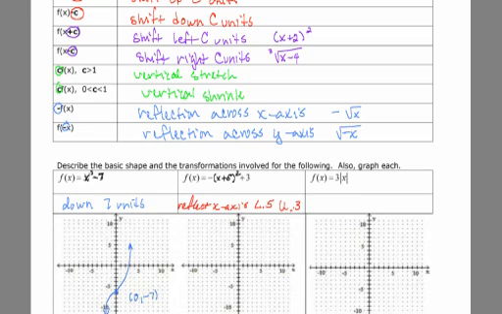So let's get an idea. Let me do this in several parts. Let me do the initial in yellow. So it's a squaring function, so our parabola normally looks like this. We're going to take it and reflect it. So the reflected version is going to look like this. Now we're going to take that reflected version and go left 5 and up 3, which would put the final resting point there.